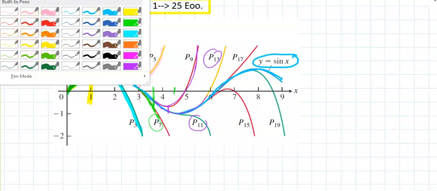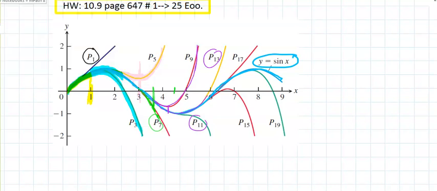Meaning, let me just elaborate really quick. If I take, for example, I'm going to use yellow, it's hard to see, that's intentional. If I want to really map sine of x, let's say to x equals 7, do you see that's what the 17th degree polynomial looks like, and it's very close to sine.